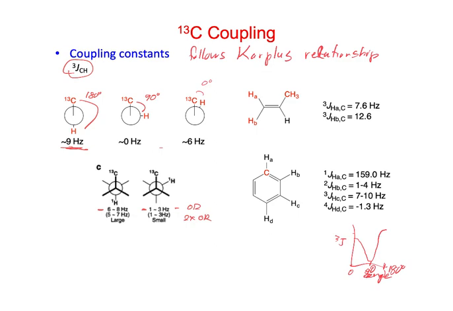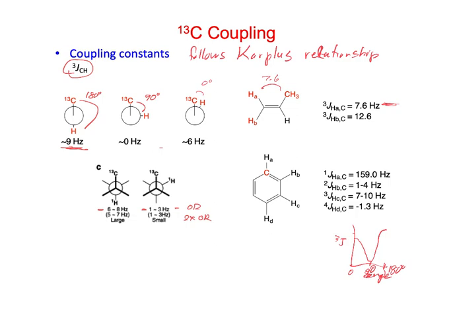Some other vicinal ones, so like when we looked at proton couplings on double bonds, if groups were trans, it was a large coupling constant. If they're cis, it's smaller. So this is the same thing. If these are cis, this is about 7.6 hertz. Oh, I have it over here.